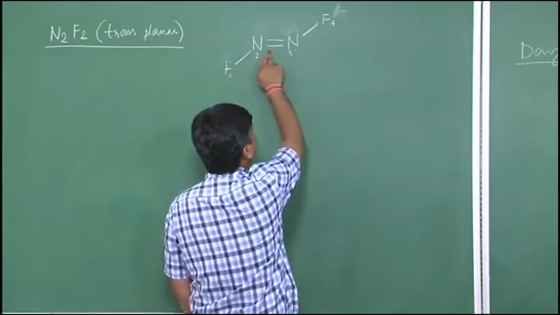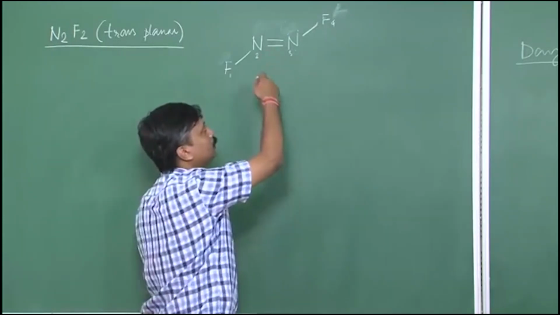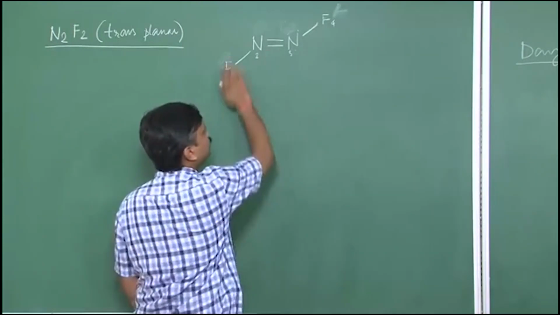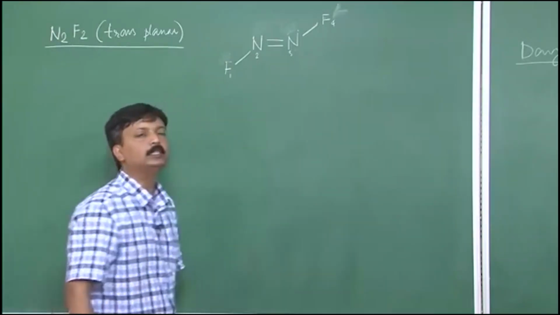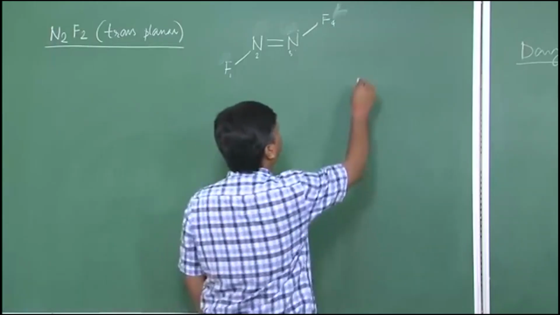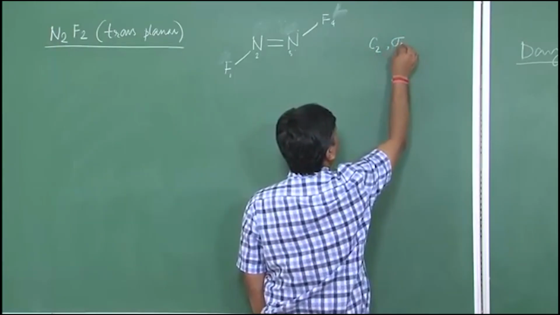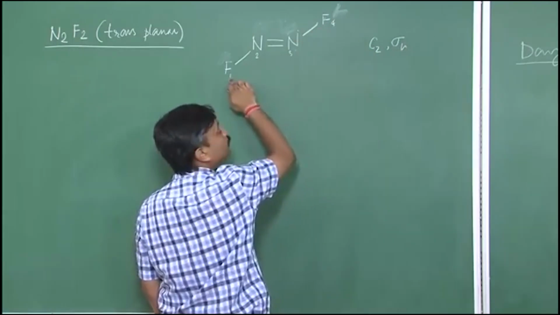This has a C2 which is toward you, along the z axis if I assume, and then this is the sigma h plane. So I have C2, I have sigma h, and also I have an inversion center, right?